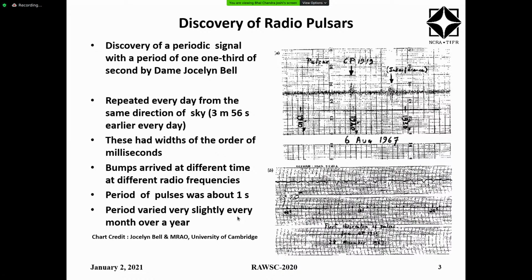So they sort of tried to see, given the distance of this object, which was indicated by the dispersion measure, and given the periodicity and the slowing down of this object, whether either the white dwarf or the neutron star fits the model. Okay.